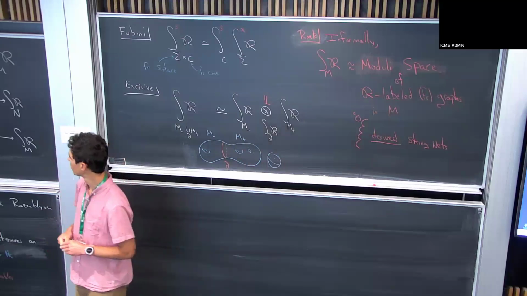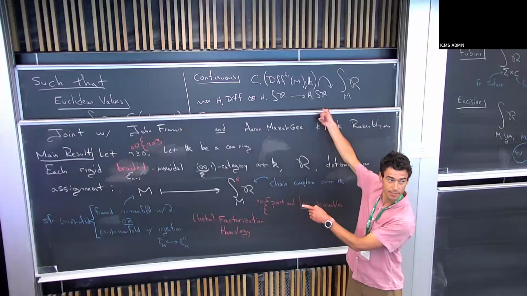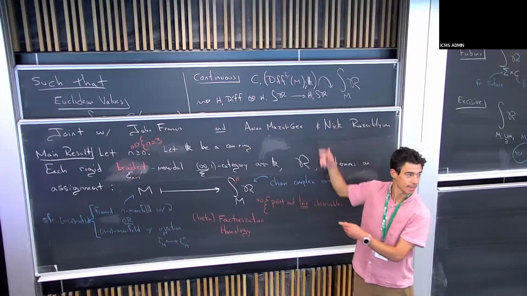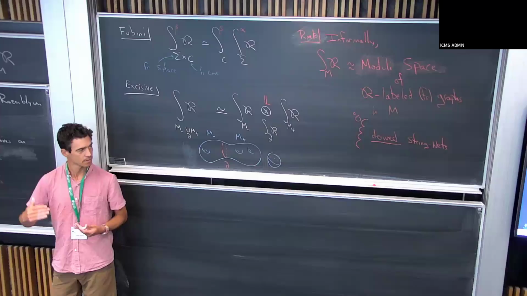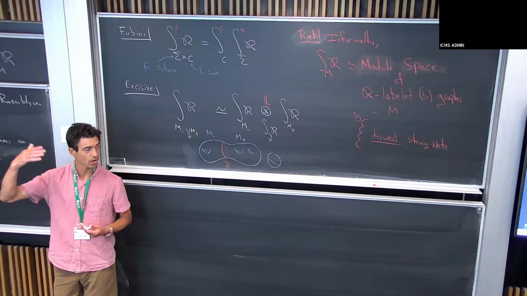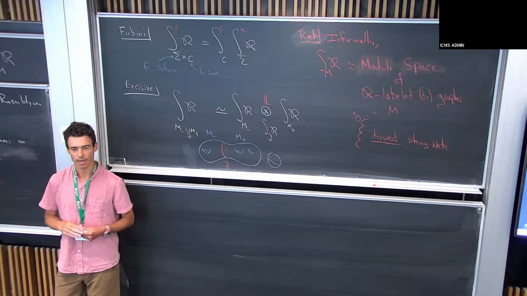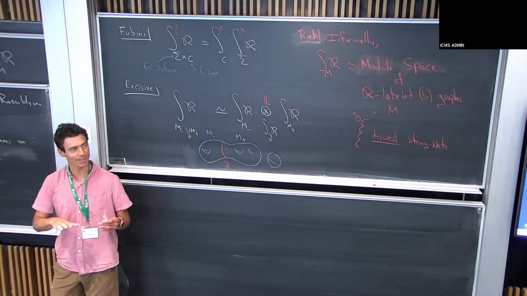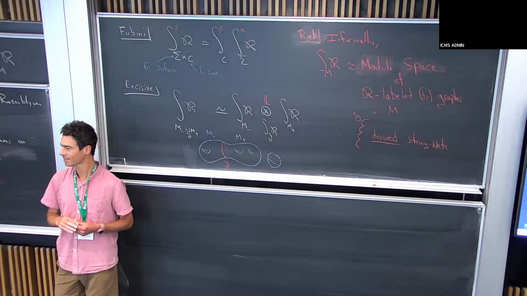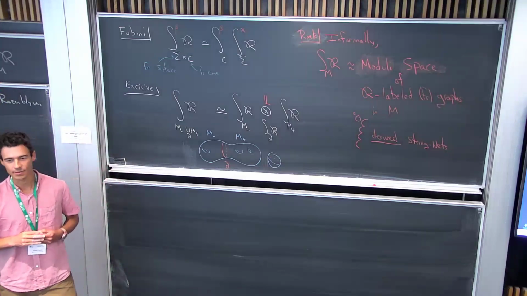This is part of what I had in mind by embracing the infinity. I'm working in the infinity category of chain complexes, which is stronger than the homotopy category of chain complexes, but weaker than the ordinary category of chain complexes. Does that answer that question? Yeah, okay, thanks for that question.